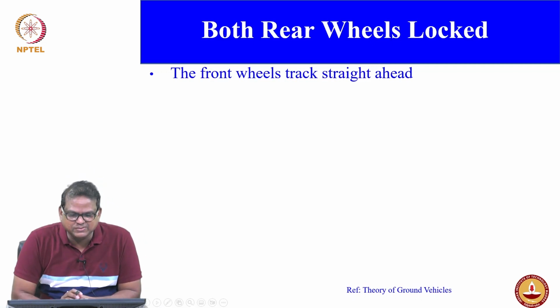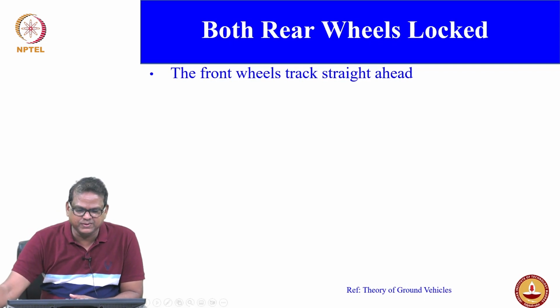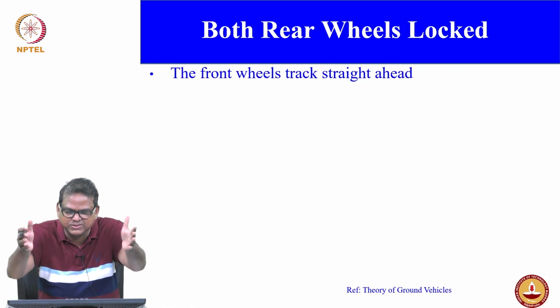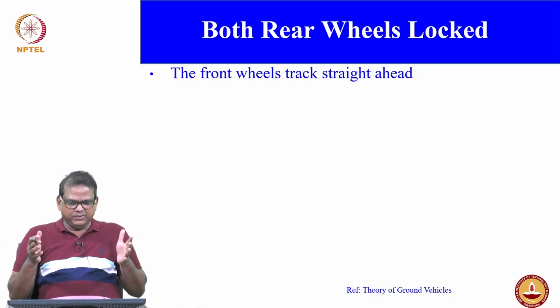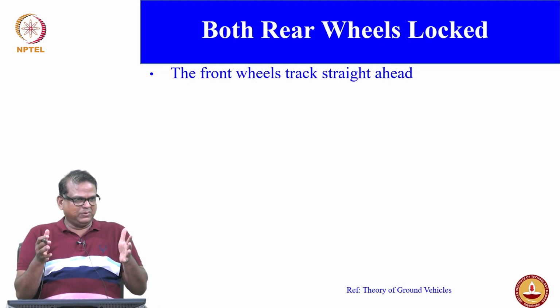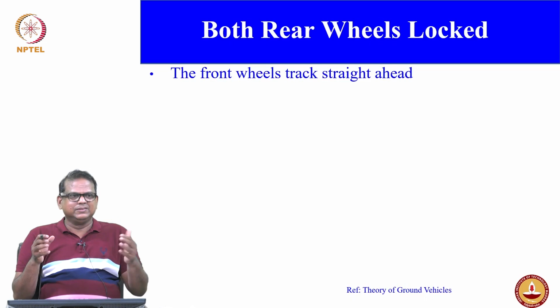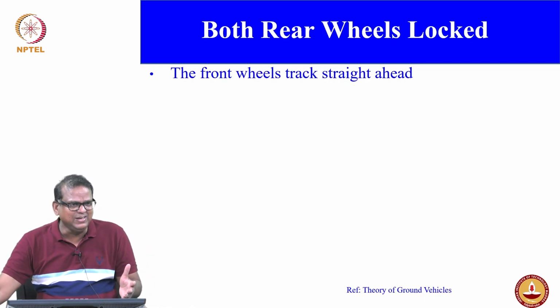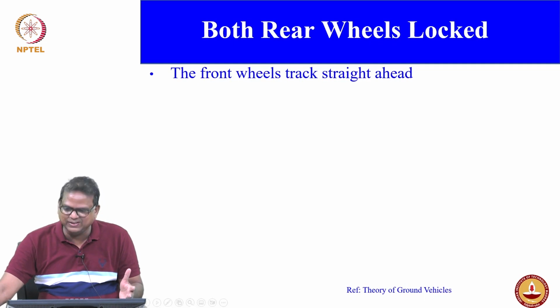The front wheels track straight ahead, that is easier, because the front wheels keep rotating and it's moving straight. Now the rear wheels lock first. What do you expect? Still you can change the direction.